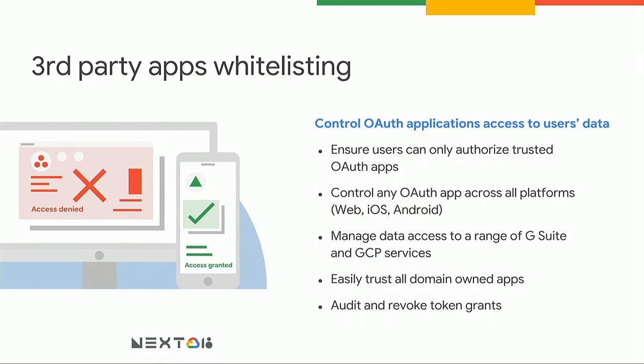And then the third and last thing I want to cover in detection is third-party apps whitelisting. So this is a tool to help you better manage what can be granted to third-party applications. You're able to go in and blacklist specific scopes or specific data that you find to be too sensitive.